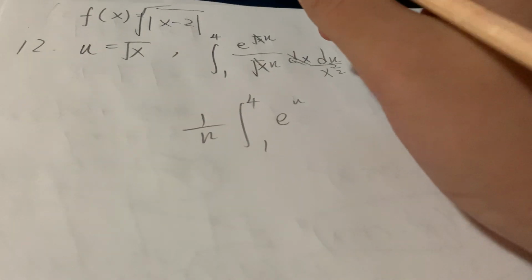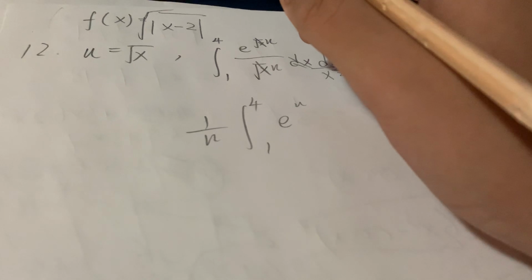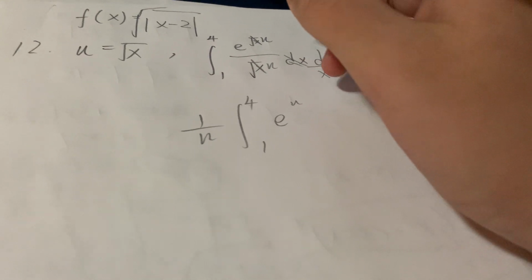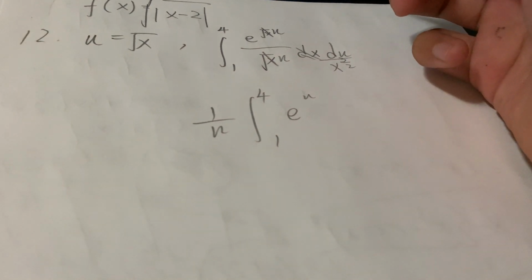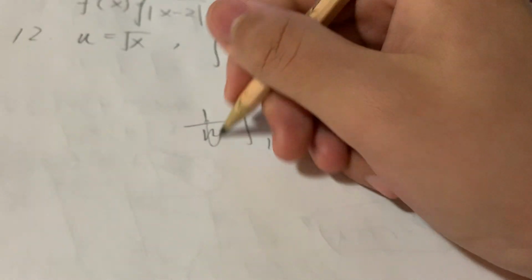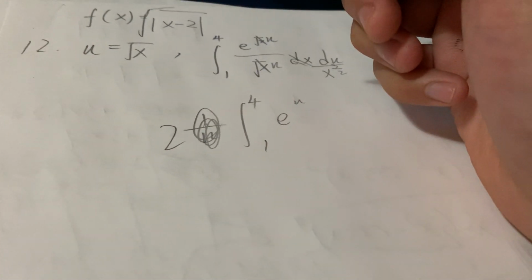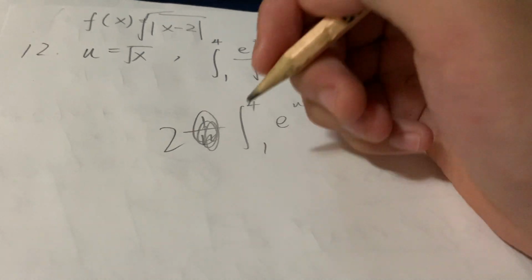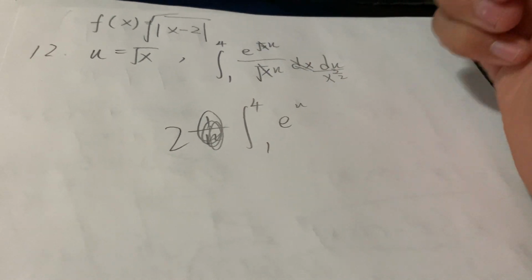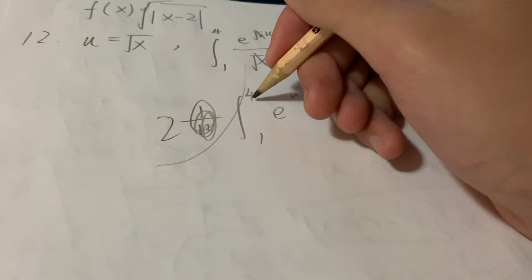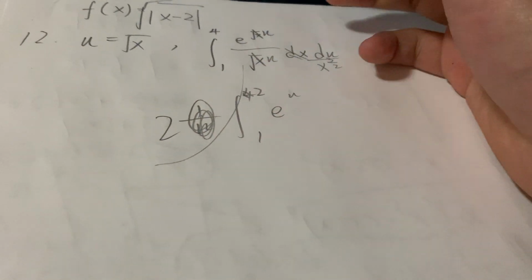Using the fundamental theorem of calculus, 4 minus 1 of e to the u du. So it is approximately 2, and it should be much more. At this point, it's growing exponentially, so it's 2.